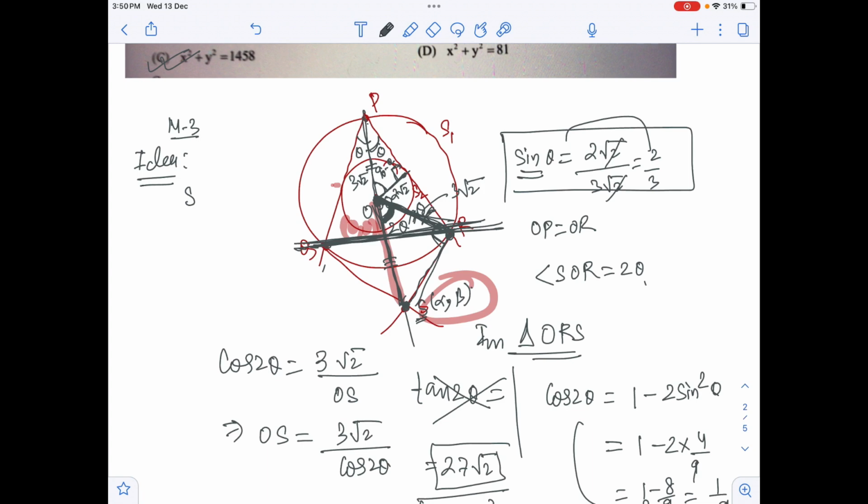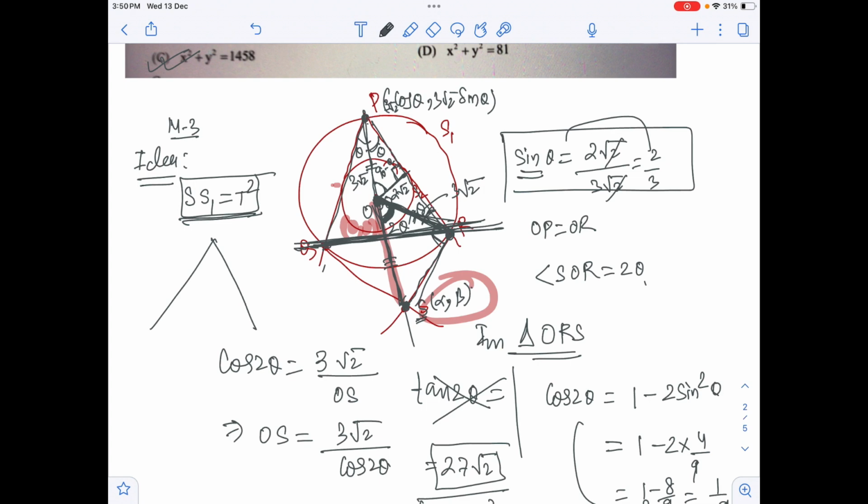So you can write PQ and QR. The equation of pair of tangents you can write as SS1 equals T square. So if I take any random point P, (3 root 2 cos theta, 3 root 2 sin theta), with respect to point P, I can write the joint equation of pair of lines.